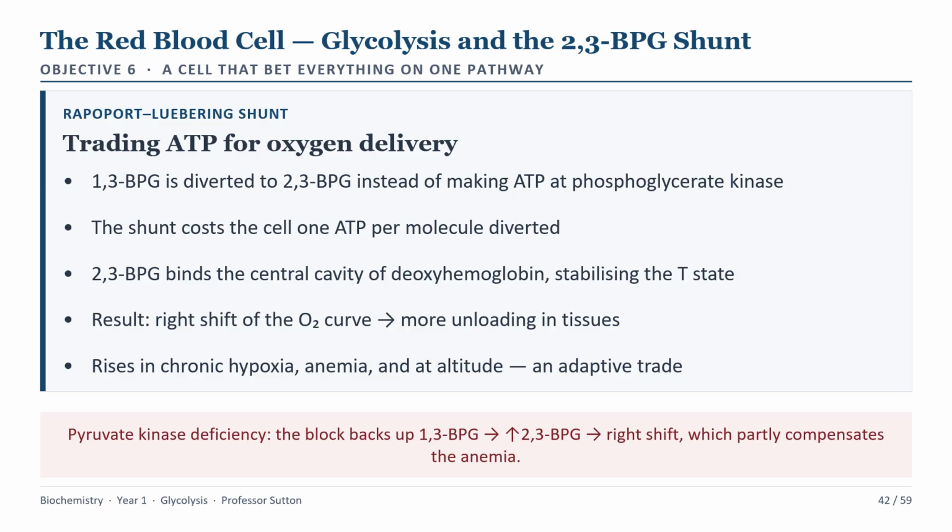If you contrast that with hexokinase deficiency, where the block is at the top of the pathway, nothing accumulates downstream. 2,3-bisphosphoglycerate falls, the curve shifts left, and those patients feel worse at the same hemoglobin. Same anemia, opposite curve shift, entirely because of where the block sits.